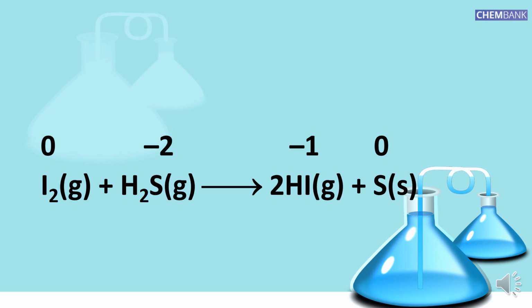So iodine is undergoing reduction and it is an oxidizing agent. In case of sulfur, we see the oxidation number increases from -2 to 0. So here there is an increase in oxidation number. So sulfur, or the sulfide ion, undergoes oxidation and it is the reducing agent.